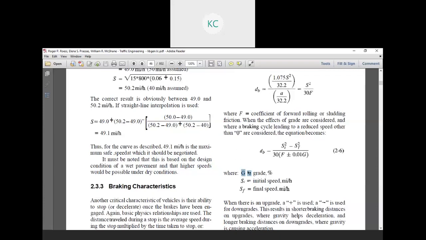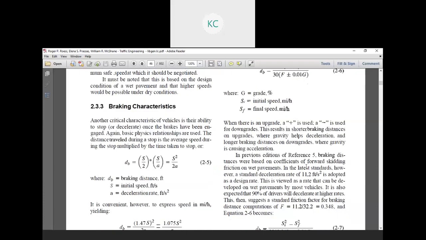So when a vehicle is moving on a downgrade, and we are discussing not bringing the speed to zero but to something more than that, the braking distance equation is formulated as dv equal to si square minus sf square upon 30 into f plus or minus 0.01 g.